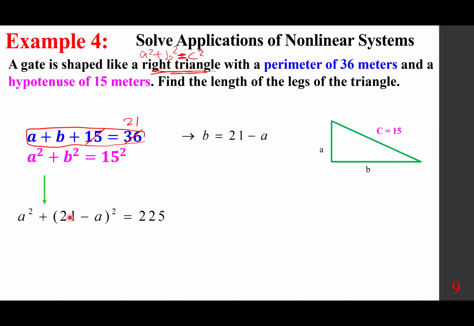So A minus B quantity squared is A squared minus 2AB plus B squared. So square this one, 21 squared, 441 minus, when you multiply this one by 2, you get 42. So minus 42A plus A squared equals 225. So we are going to work on this, as I mentioned. Just take the steps.